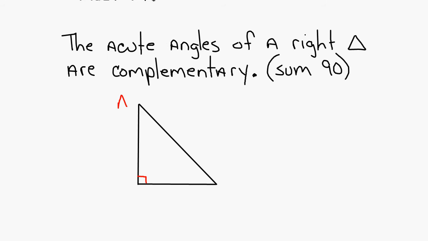So if this is triangle ABC, which two are the acute angles? A and C, right? So by corollary, the measure of angle A plus the measure of angle C has to equal 180. No, it doesn't. It's got to equal 90 degrees. Say it again.